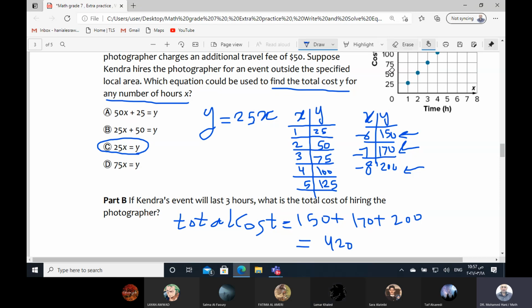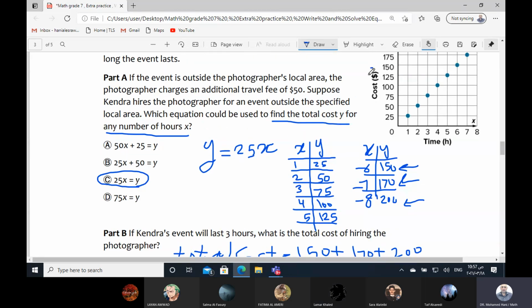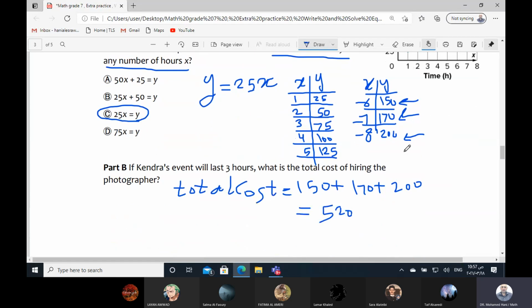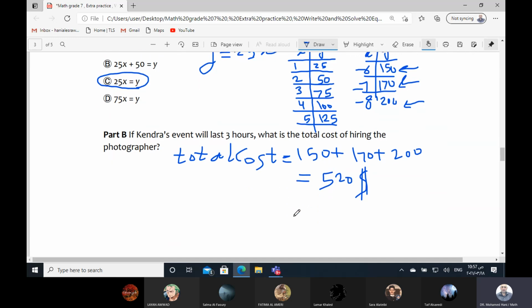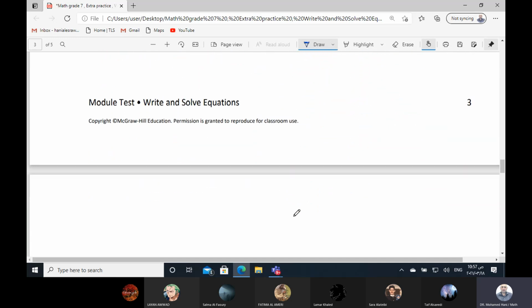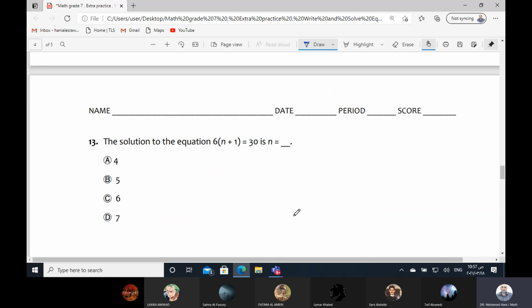Great. And what is the unit? The cost in dollars. So the unit is $525. Okay. Right.